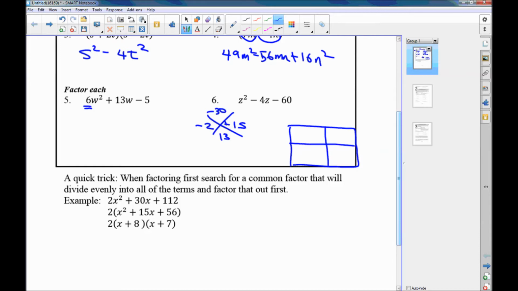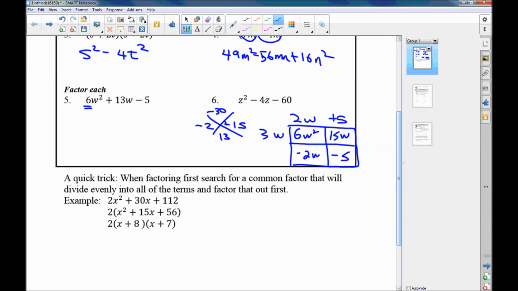Okay, this is our scratch work, so I'm just doing it on the other problem. 6w squared minus 5, and then we split 13w into 15w and minus 2w. On the top, the common factor between these is 3w, and that leaves behind 2w. 3w times 2w is 6w squared, and positive 5. 3w times 5 is 15w.